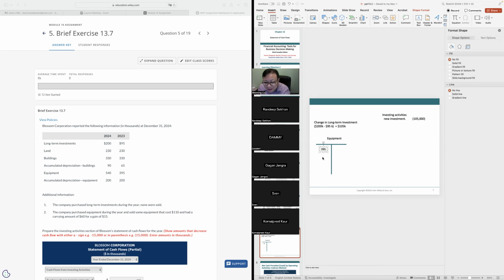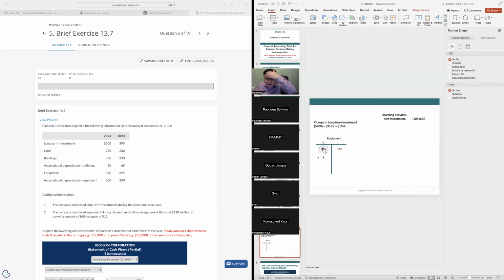This is the debit side, right? Now they have an addition, so they add a new purchase, but I don't know how much the cost is. And they sold some equipment that cost 110. When they sold the equipment, they're going to reduce the balance by 110, so I'm going to put this number on the other side, right?